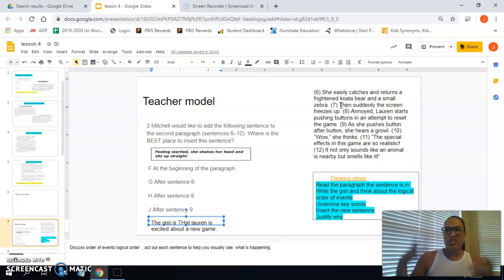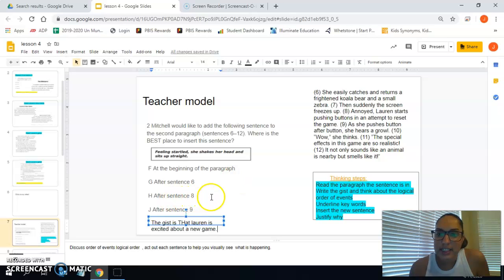If she was frightened, would she easily catch something? No, so I don't think it fits there. So let's go after 6. After I read 6, she easily catches and returns the frightened koala bear and small zebra. Feeling startled, she shakes her head and sits up straight. But that didn't make her feel that way. Nothing really happened there for her to suddenly shake.